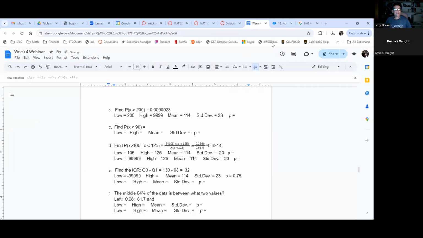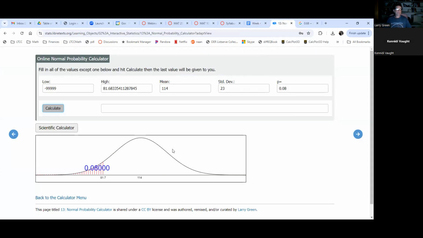And, all right, if there is 8% on the left, that means there's 8% on the far right. Does that make sense? For the far right, there's 8% to the right.